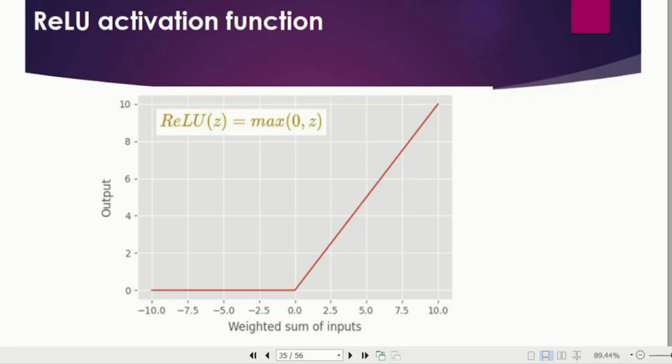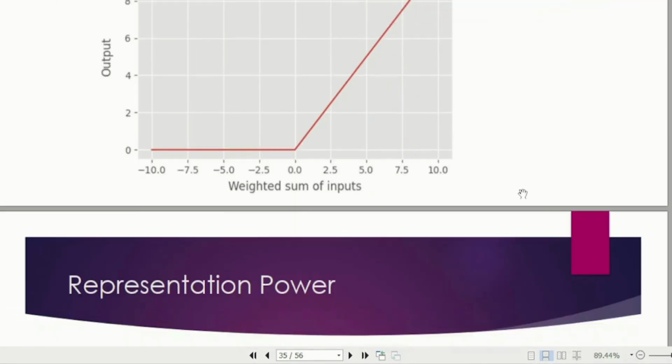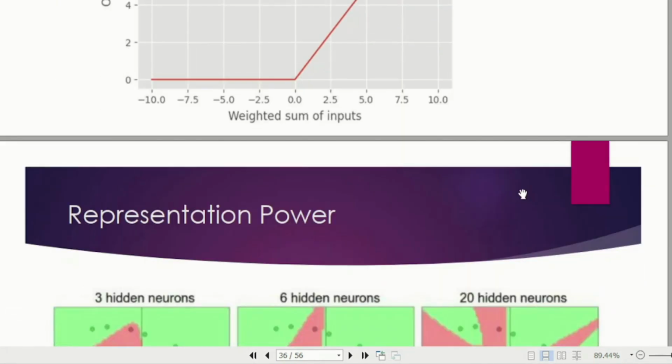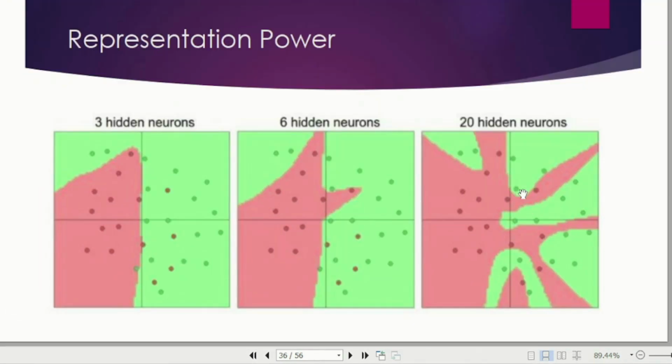So these are the main basic activation functions we have discussed here. Now here comes the representation of power. If we increase the hidden layers and hidden neurons inside any recognition process, these are the differences in the representation power.